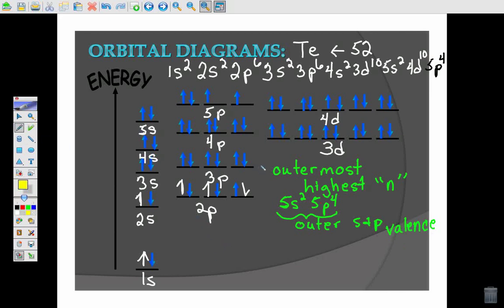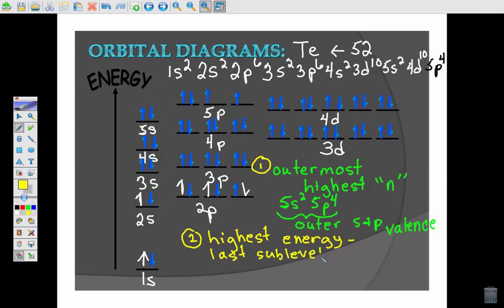Now, your highest energy, that's point 1. Point 2 is our highest energy, which is the last sublevel filling. So you find the last sublevel you are filling.